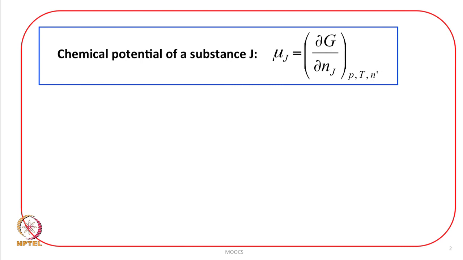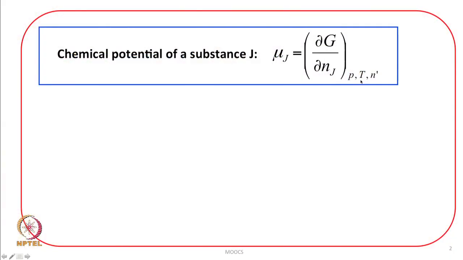The meaning of each symbol in this expression is: mu is the symbol for chemical potential, J is the substance J, G is Gibbs energy and Nj is the number of moles of J, P and T have their usual meanings, and n prime means the composition of everything other than the component J is held constant.